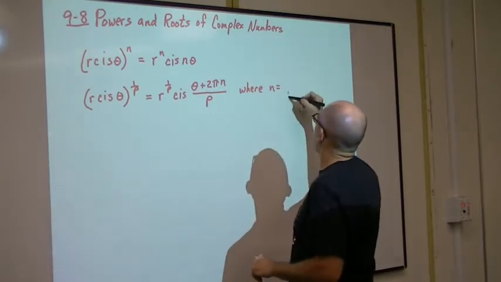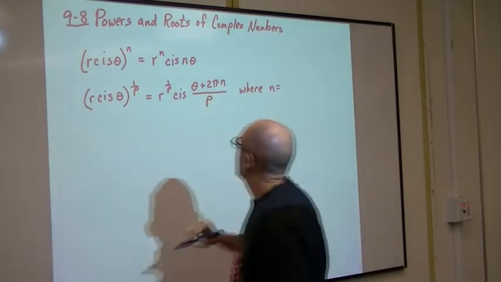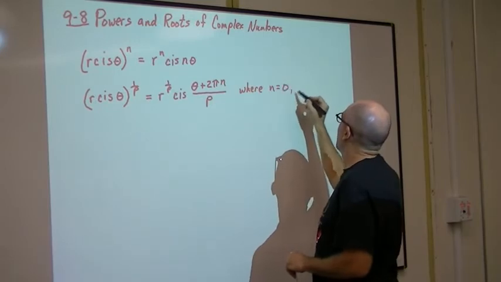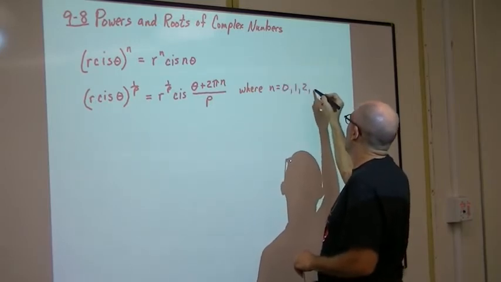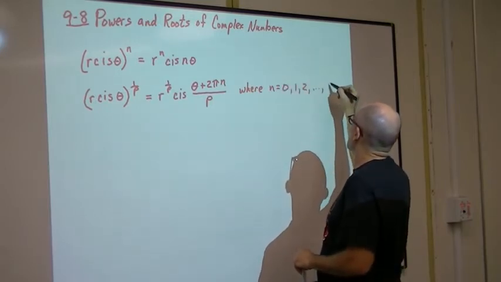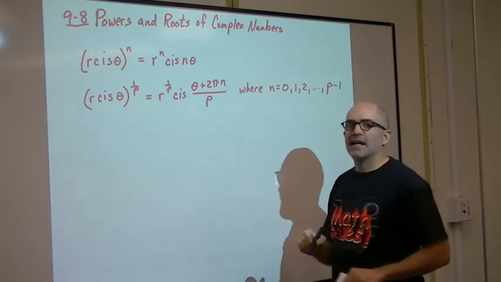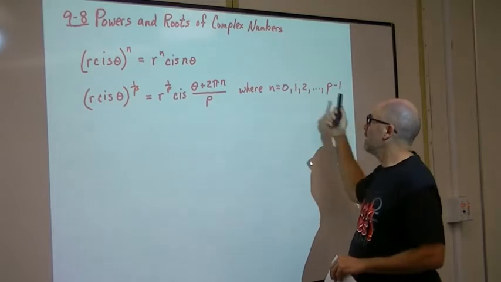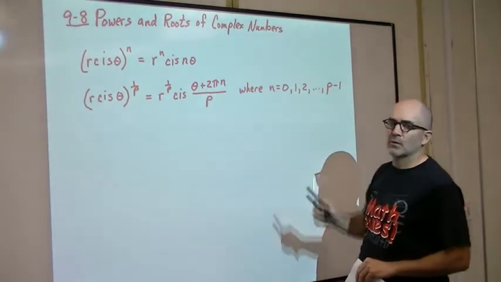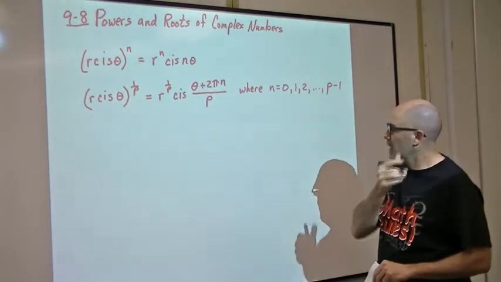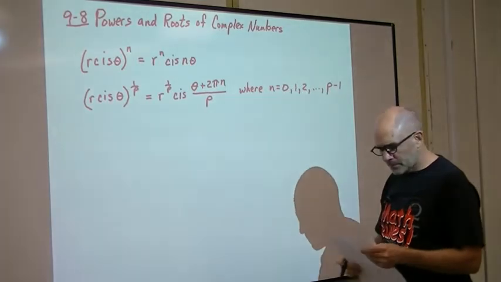You don't start counting at 1, you start counting at 0. And you keep going up until you get to 1 before p. Now you'll find out if we go all the way to p, we'll be repeating the n equals 0 case. And I'll show you that in just a second.